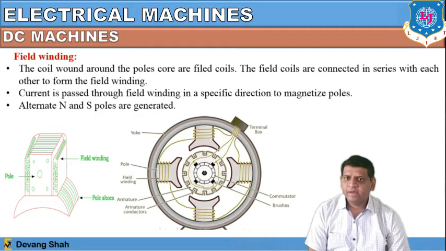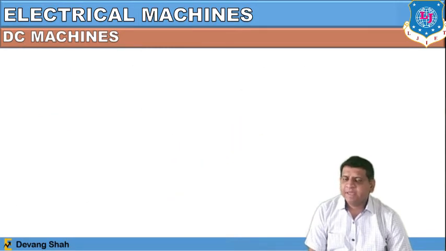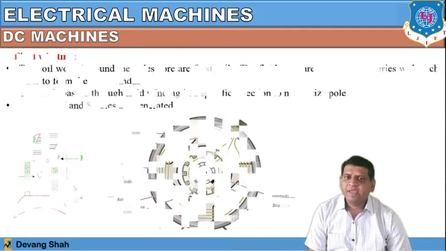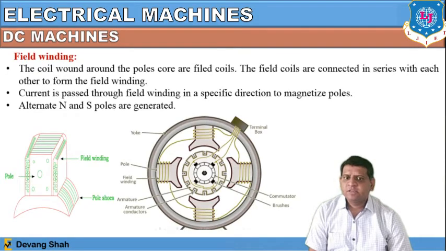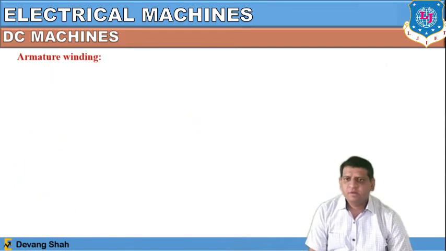So here alternate N and S poles are placed together. If this is N, this is S. If this is N, this is S. So alternate poles are generated here. Because of this, once it carries the current, there is production of magnetic flux inside this gap.